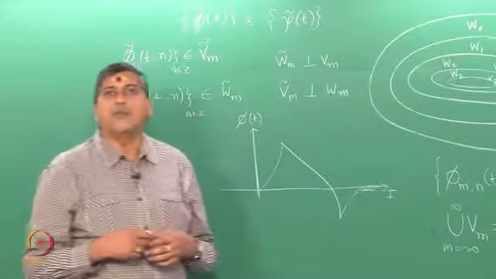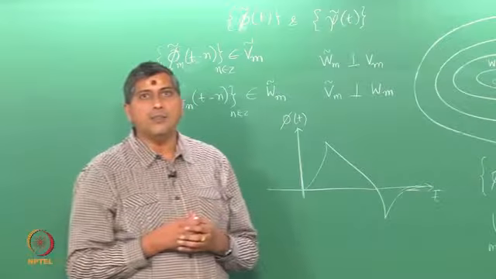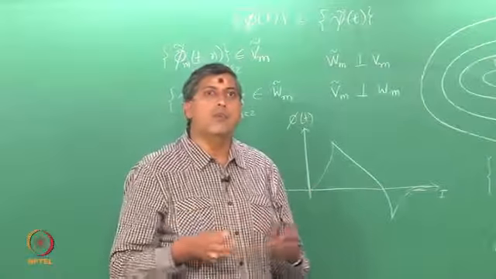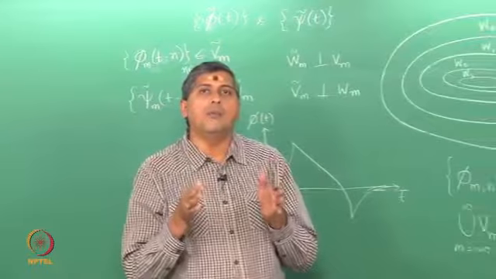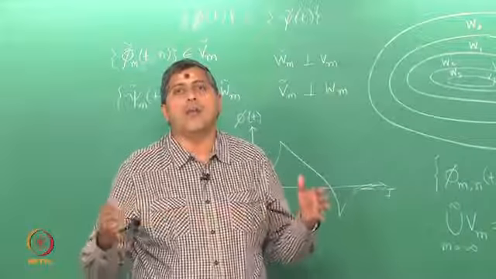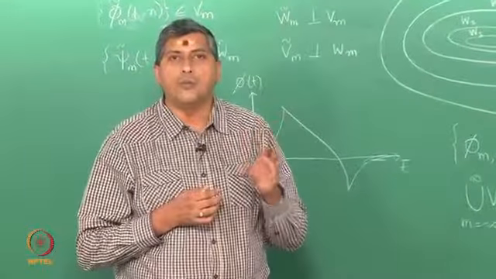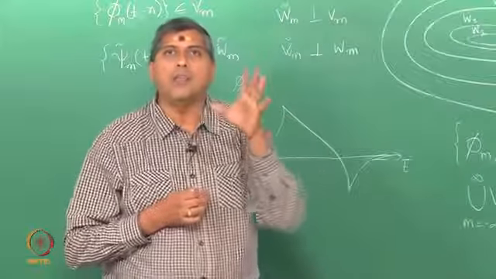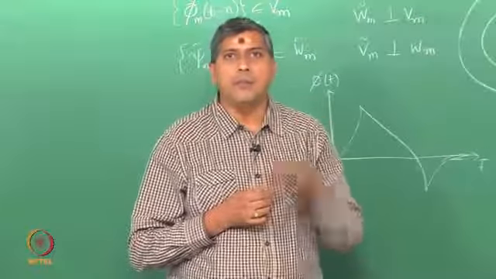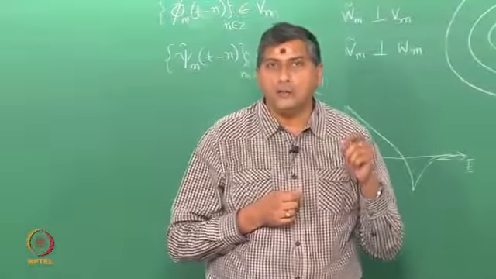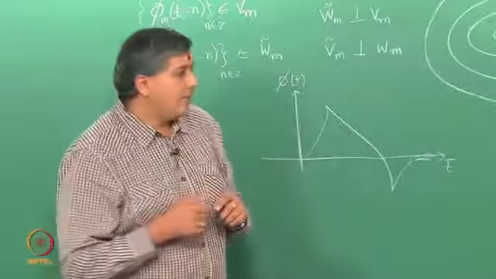I want therefore symmetric wavelets and scaling functions with as minimum width as possible, because if I have larger and larger width, the time resolution of the wavelet, the mother wave itself, will be poor. Remember, ultimately we are looking at time frequency analysis.